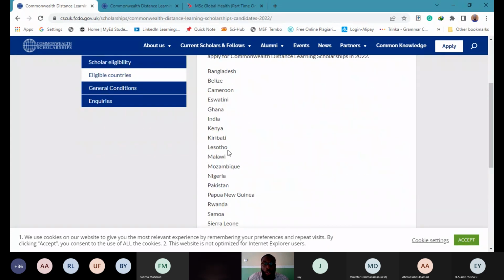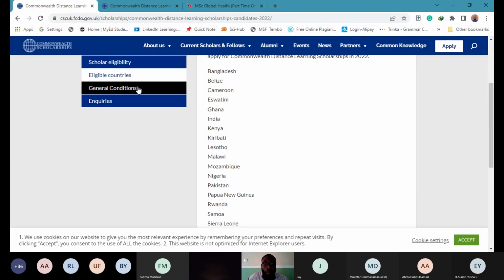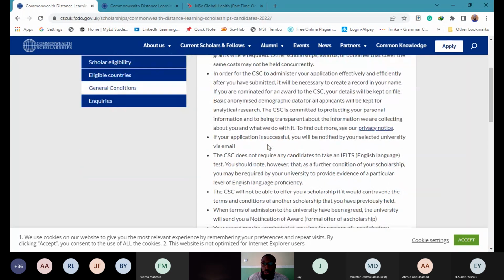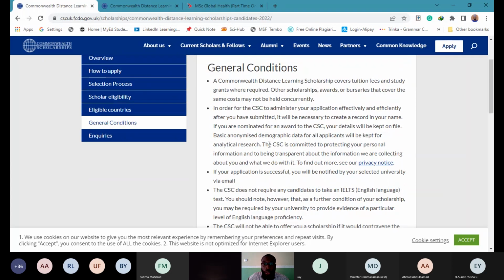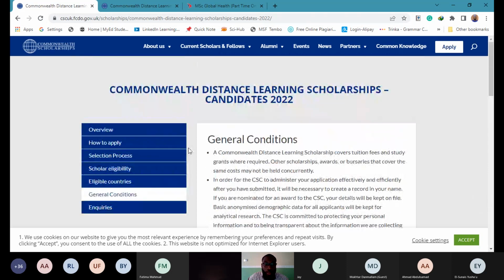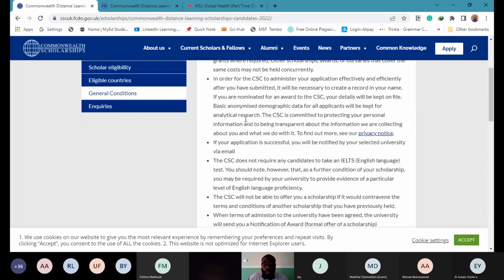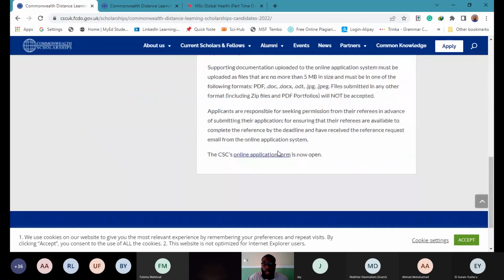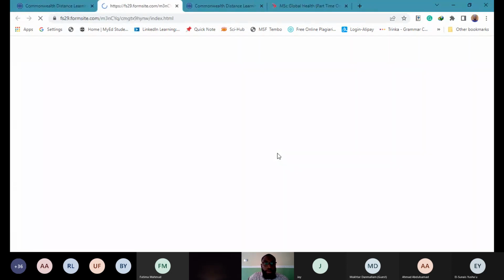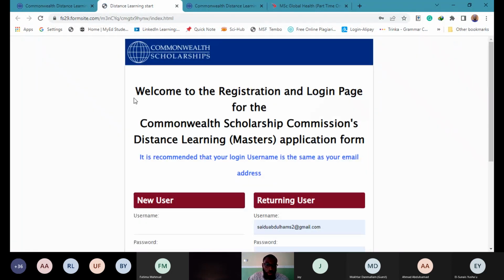So we talk about the eligible countries, and here is our beloved Nigeria. Then we have the conditions which you should look at. There are a lot of rules, and you can make inquiries or send an email. Once you want to apply, you can just click on the online application form here, and then you can create your page.